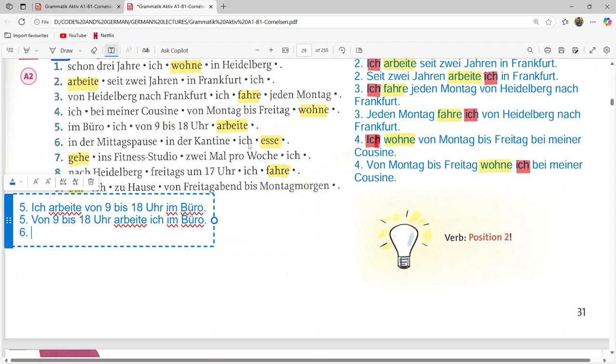Okay, we can write like this. The verb is esse. So ich esse in der Mittagpause in der Canteen.